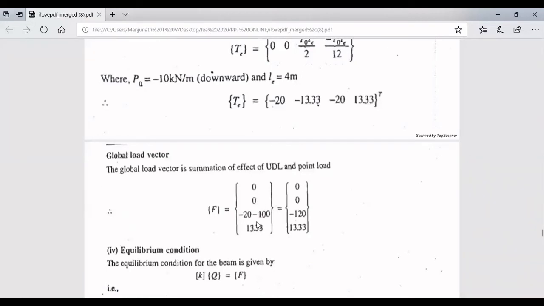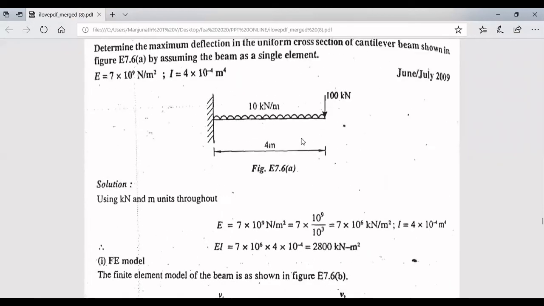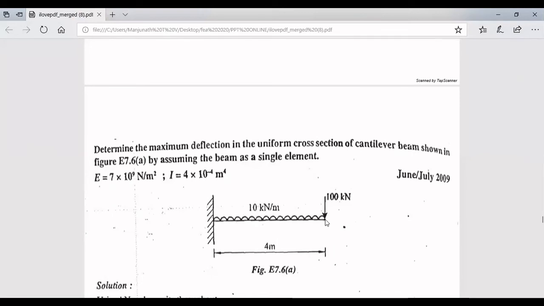And at node number 2, minus 20 as a vertical and plus 13.33 here. Then this minus 100 is the point load, which is acting at node number 2 downward. See here, at node number 2, 100 kilonewton is acting downward.